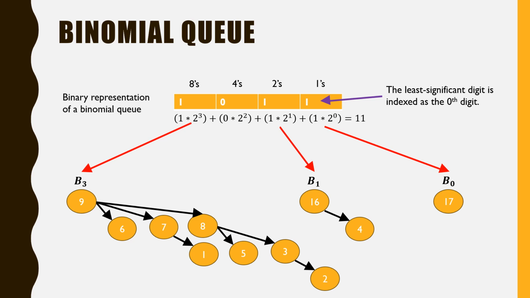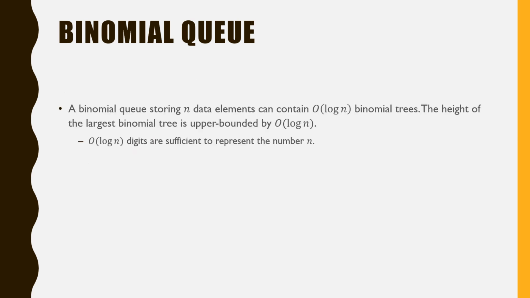Since any decimal number can be represented in binary, a binomial queue can be constructed for a dataset of any size. From the above argument, we can conclude another important property of binomial queues. A binomial queue with n data elements can contain at most O(log n) binomial trees.